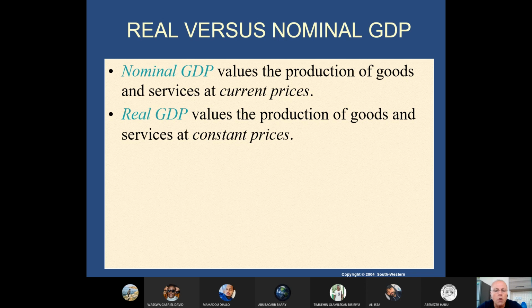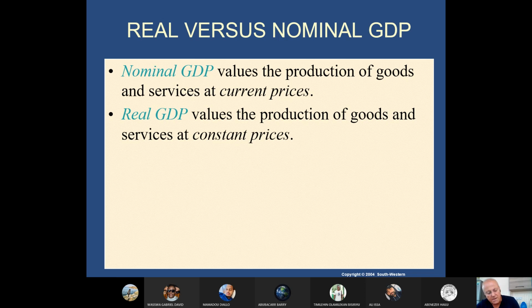Usually the politicians use the nominal values. Because if in 2019 we have a GDP, gross domestic product, let's say 100 billion Turkish lira, and in 2020 we have 150 billion Turkish lira, now you have approximately a 50 billion increase in the GDP, isn't it?